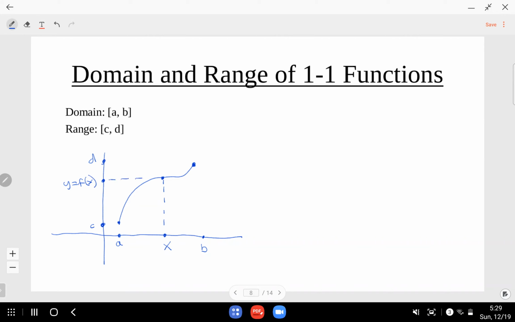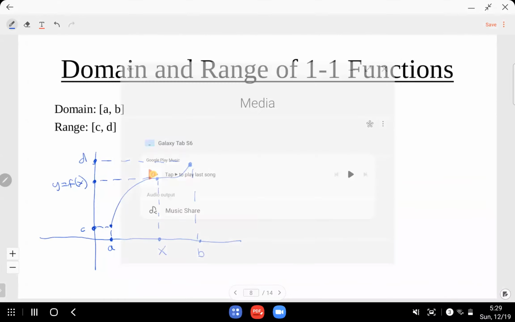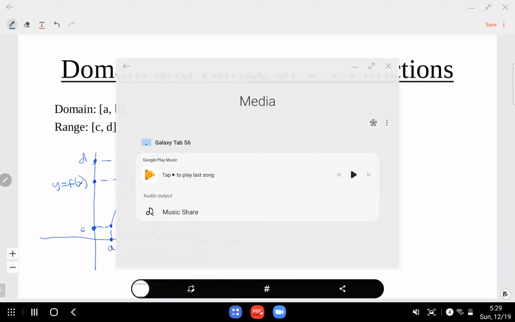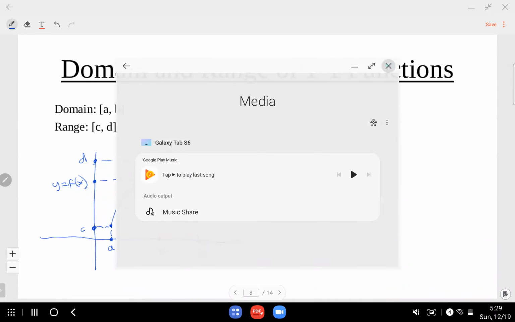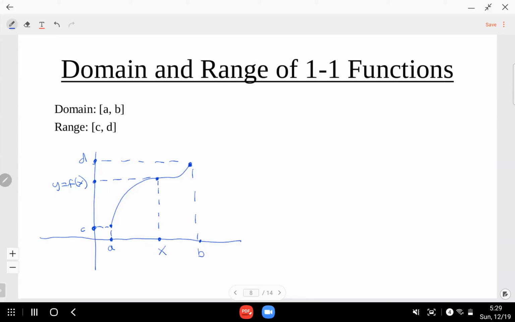That's what a 1-to-1 function is. So this is our little graph of a 1-to-1 function, and this should deepen your understanding about 1-to-1 functions. A to B is the domain of f. And C to D is the range of f.